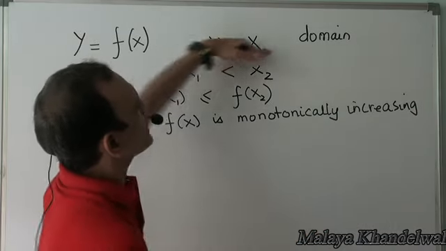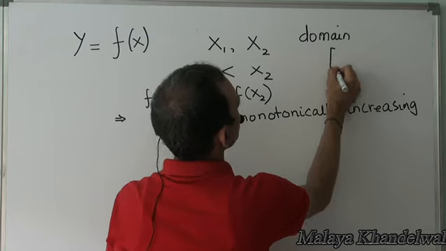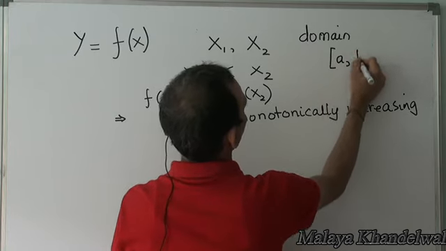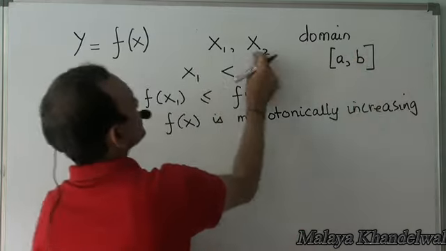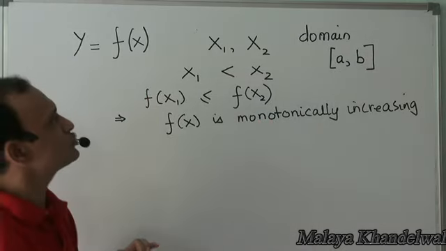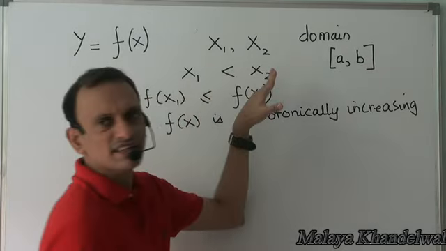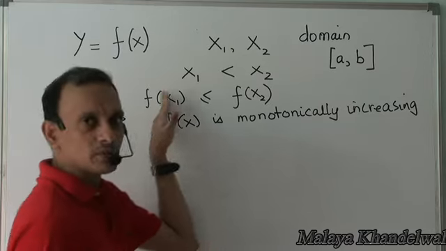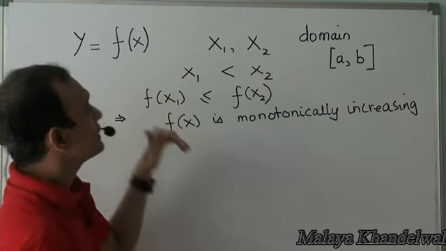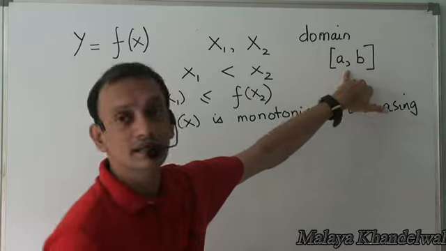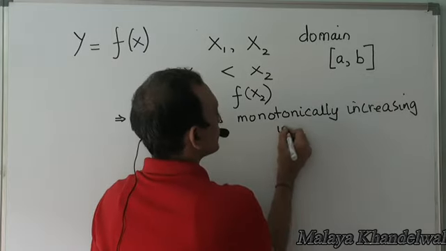Say x1 and x2 could be 2 points selected in an interval a to b. So if x1 and x2 are any 2 points in the interval a to b, and if for every x1 less than x2 I find f(x1) less than or equal to f(x2), then f(x) is said to be monotonically increasing in the interval a to b.